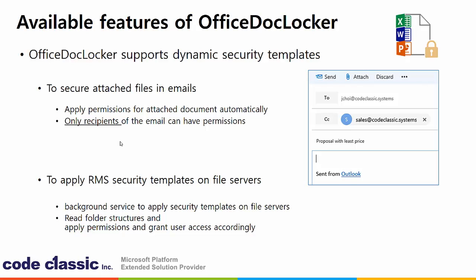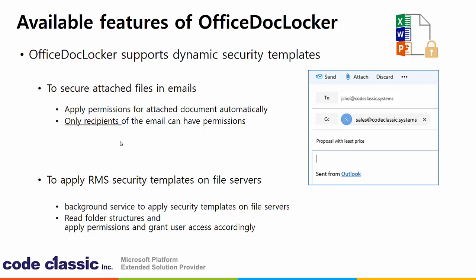And in case you have file servers which have many gigabytes or terabytes of documents, it can be quite difficult to apply the permissions or security templates to all the files in the server.